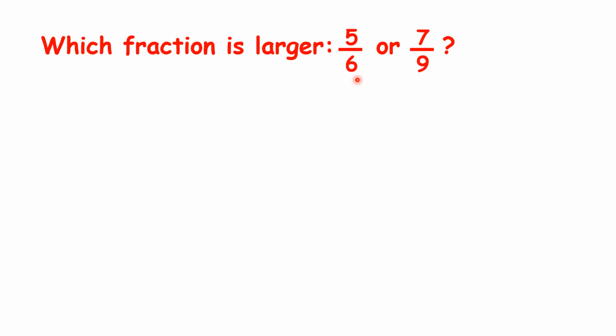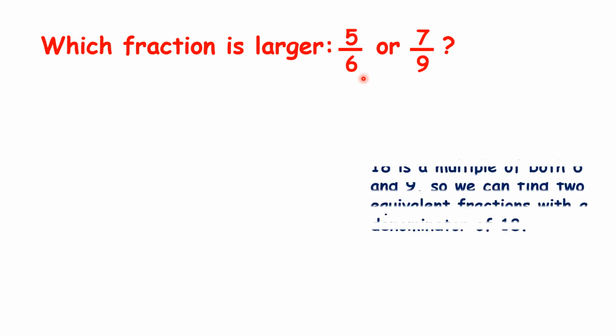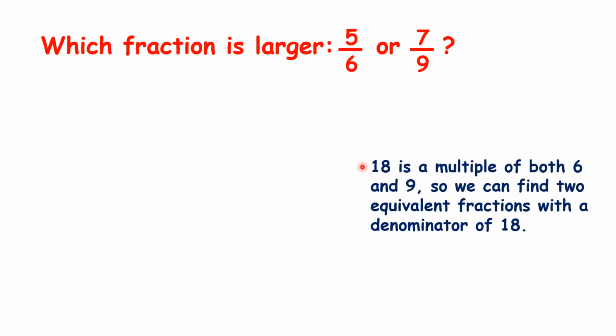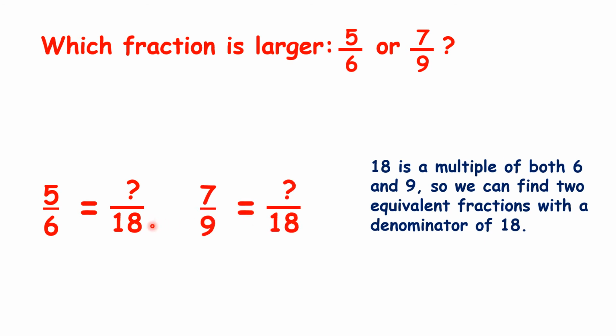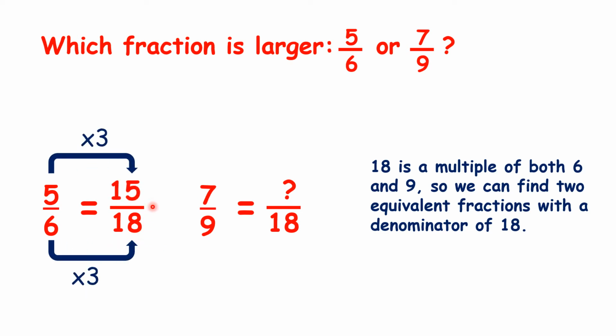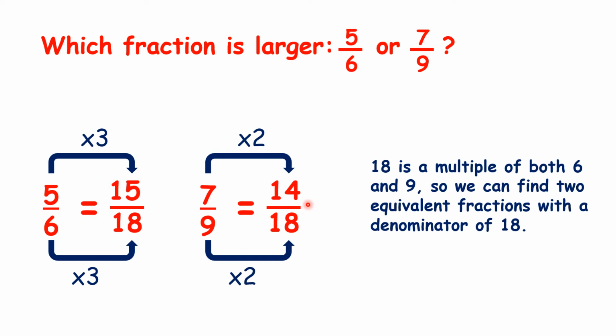So now pause the video and see if you can work out which is the larger fraction here. 18 is the lowest common multiple of both 6 and 9, so we can find two equivalent fractions with a denominator of 18. 5/6 is 15/18. 7/9 is 14/18.